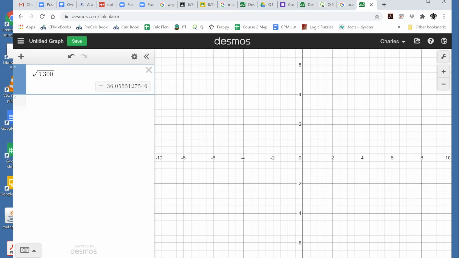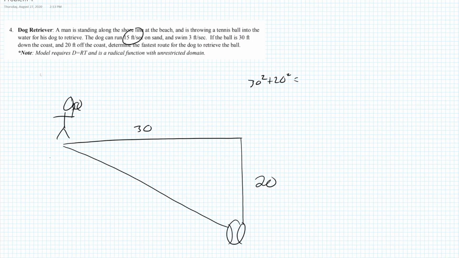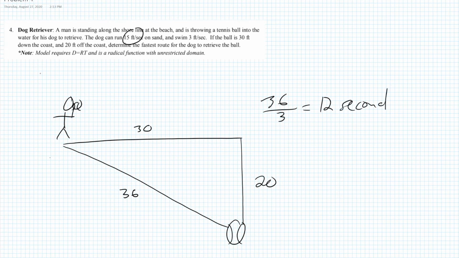So it's going to be about 36 feet. And so if he just went swimming the whole time, it would be 36 divided by 3, which is 12 seconds.